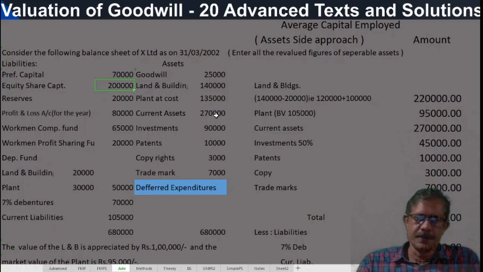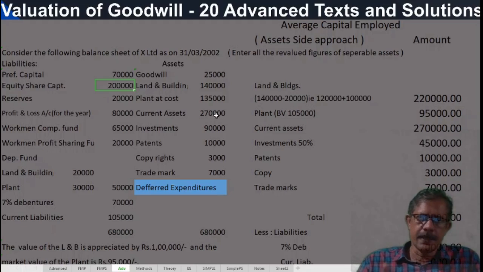Normally these are not given in the question, but we have to expect anything in the examination. And this is the capital employed. Very simple. Opening capital and closing capital are calculated and we take the average.